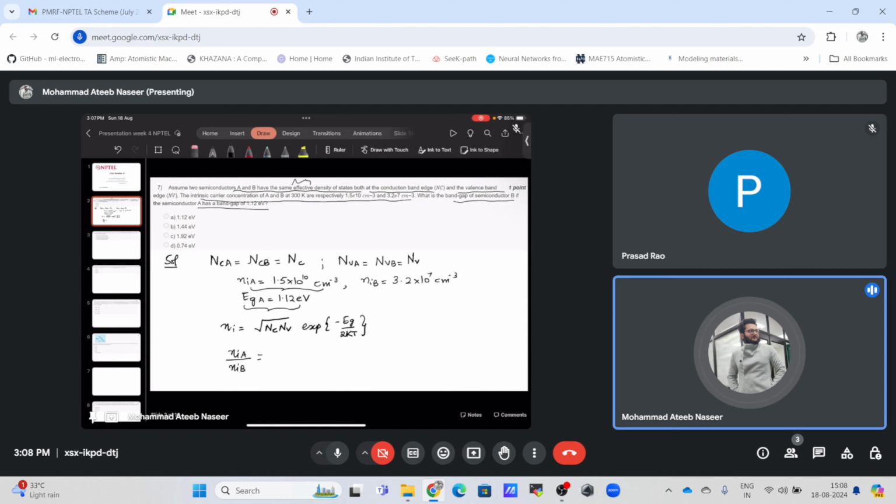So we will write it like this: Ni of A over Ni of B equals the square root of Nc of A into Nv of A divided by Nc of B into Nv of B, into exponential of minus Eg of A by 2kT, divided by exponential of minus Eg of B by 2kT.